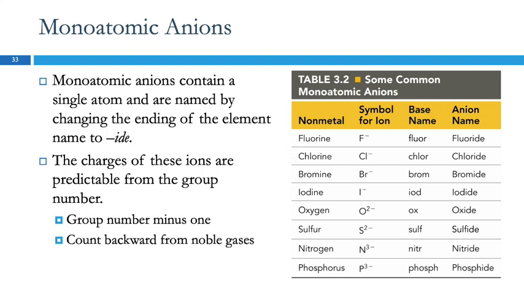And their charges are predictable from the group number minus 1, or count backward from the nearest noble gas. We covered that. To name the anion, you take the main part of the nonmetal's element name, and you change the ending to "ide." So fluorine becomes fluoride. Chlorine, chloride. Oxygen, oxide. Okay? Any questions about those guys?